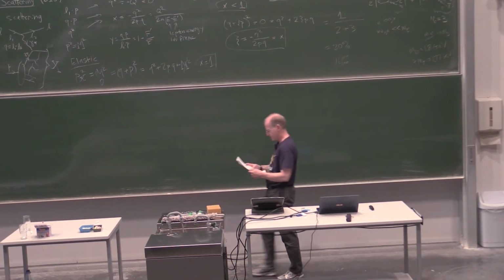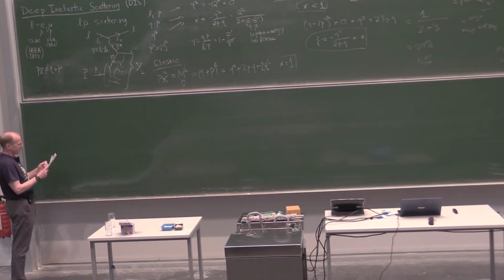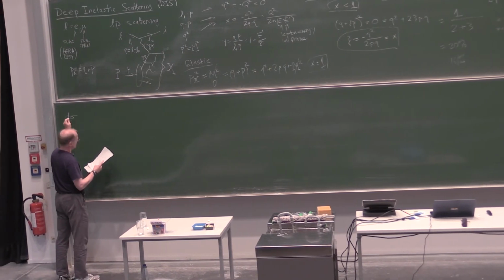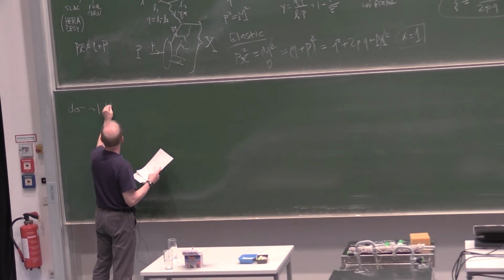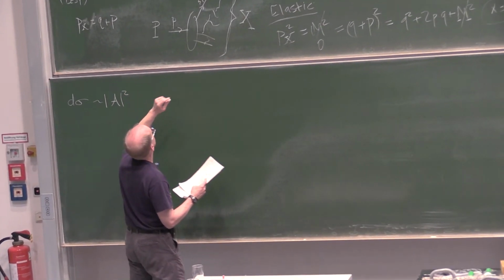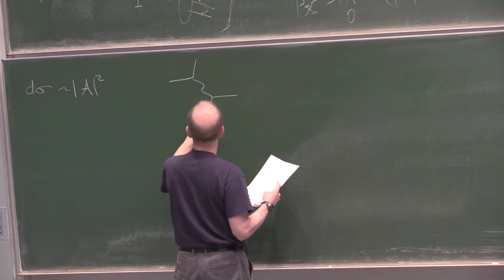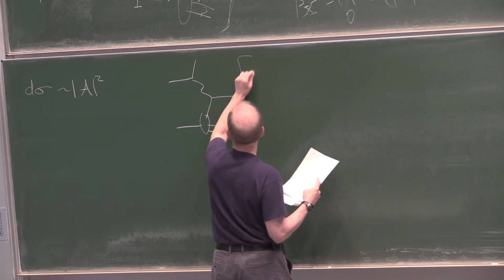Okay, so now, as you know, experimentalists don't measure amplitudes. They measure cross-sections or differential cross-sections, which are basically amplitudes squared. So let's redraw this graph again, but kind of square it.